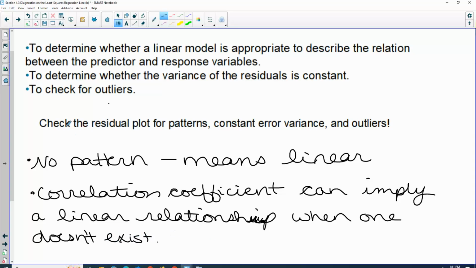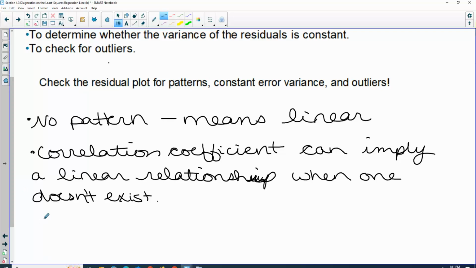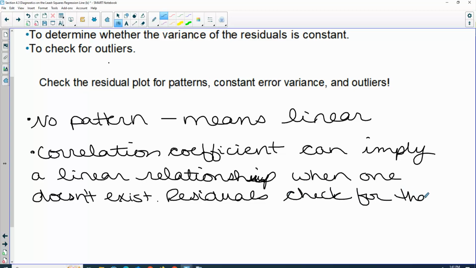So remember, that tells us how linear something is, but it doesn't tell us if a different model might be a closer match. So maybe a linear model is like 75%, but a quadratic model would have been really, really good there. The correlation coefficient doesn't tell us that. Residuals do. So residuals check for that situation where the correlation coefficient tells us it might be linear, but there's something else that might be a better match.